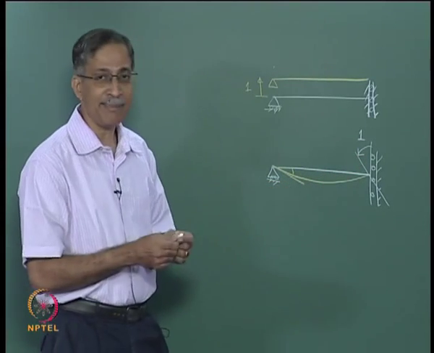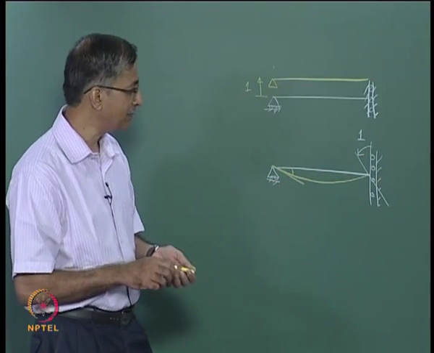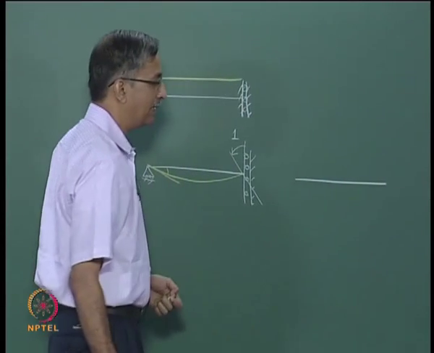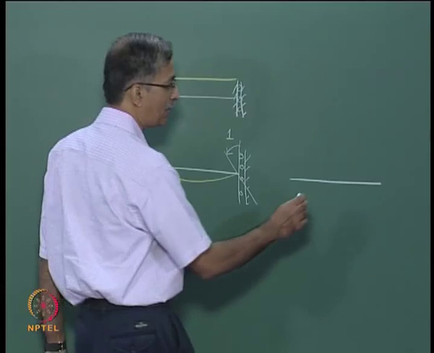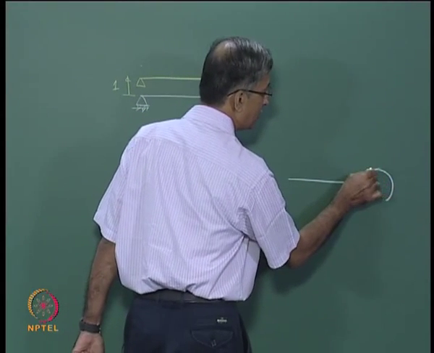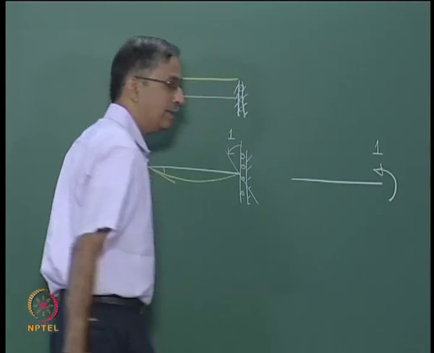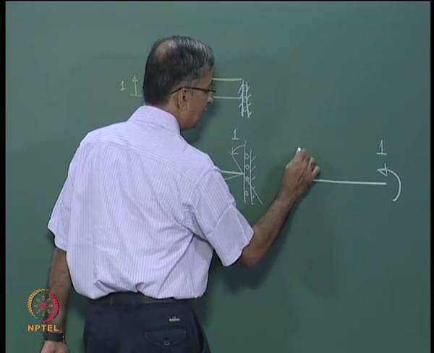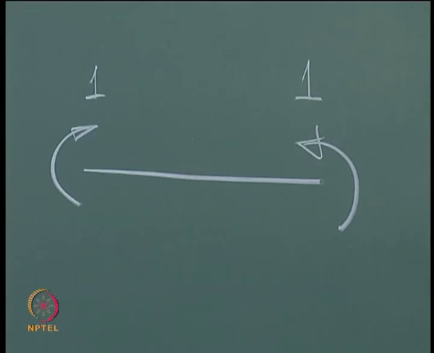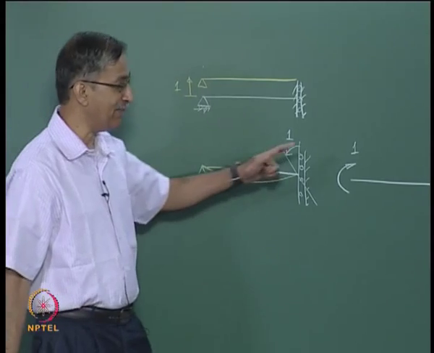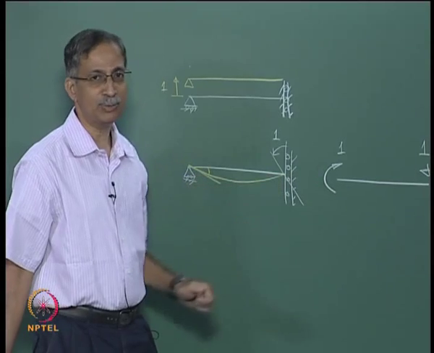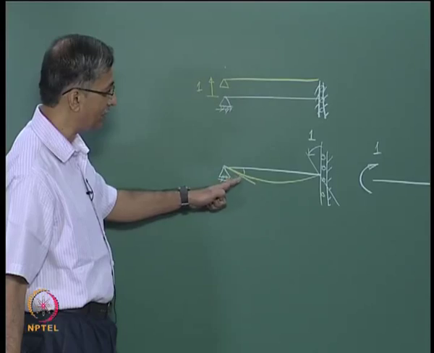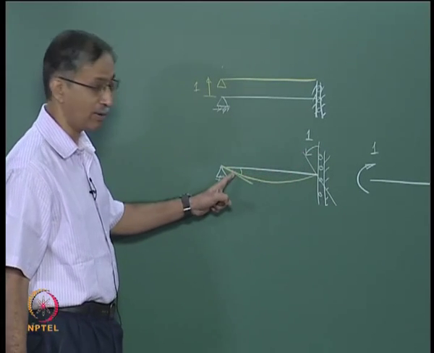So let us take some help from the contragradient principle and let us see what happens if in a beam element, to satisfy equilibrium, you have a unit moment acting here. To satisfy equilibrium you also need an equal and opposite moment acting here, 1. So the TD value should be -1, and the minus is quite clear because you have an anticlockwise rotation here, you have a clockwise rotation here.